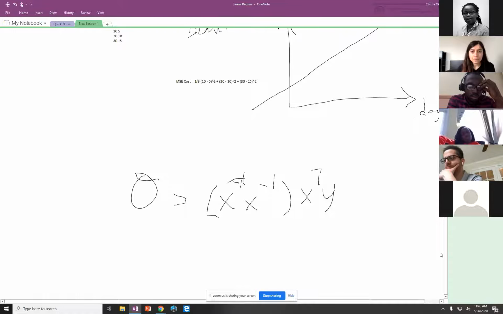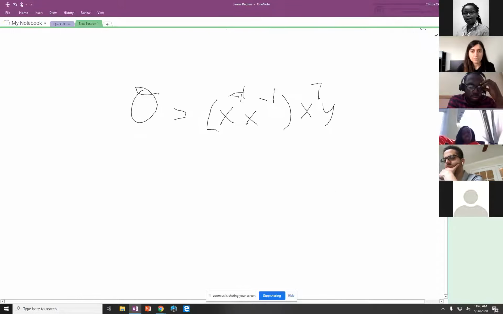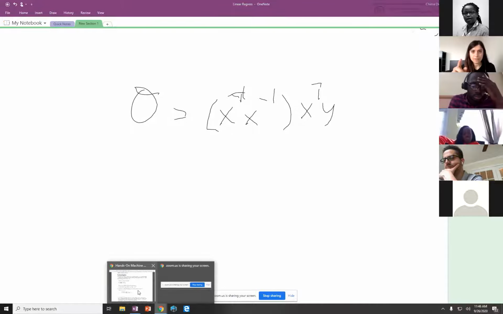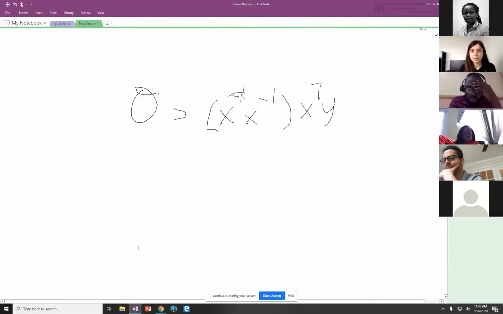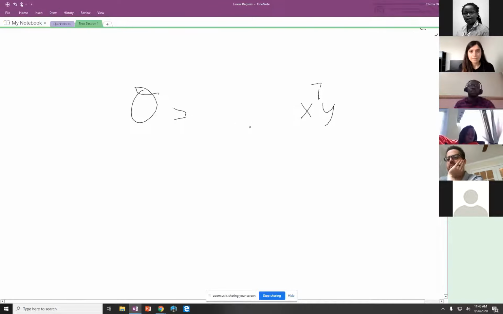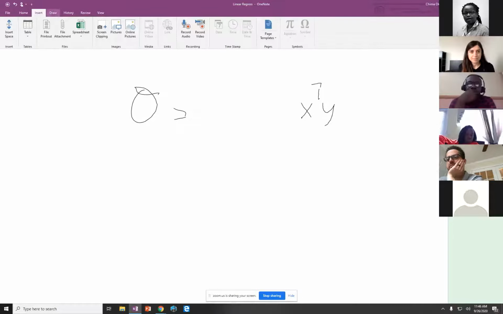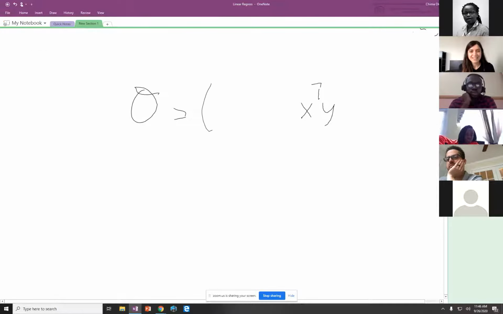The minus 1 goes with the parentheses: it's x transpose x, and then minus 1.